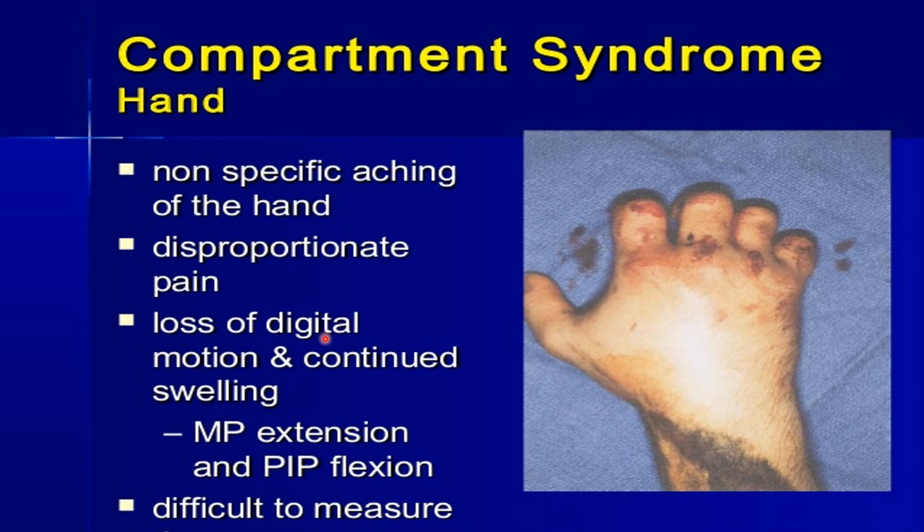Okay, there is loss of digital motions, and there is swelling in the hand, and the metacarpophalangeal joints are extended, and the proximal interphalangeal joints are flexed. Okay, also you study it in detail when you study the spaces, then you also study compartment syndrome in detail. Okay.